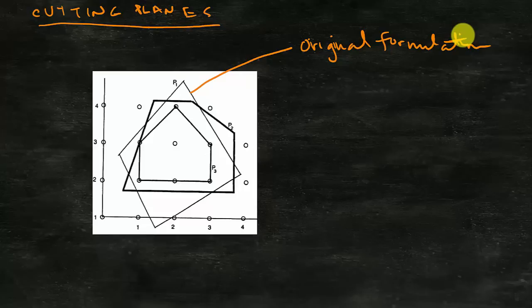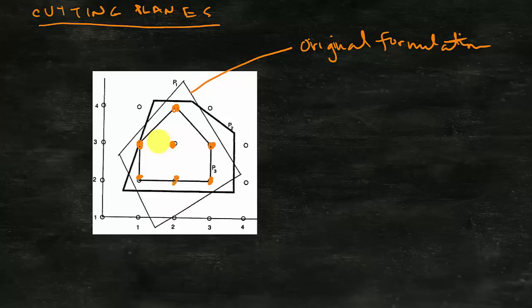Now, we have all these inequalities, but if you look at the fact that we need to have an integer solution, you will note that the only integer solutions that lie within P1 are these 7 points.